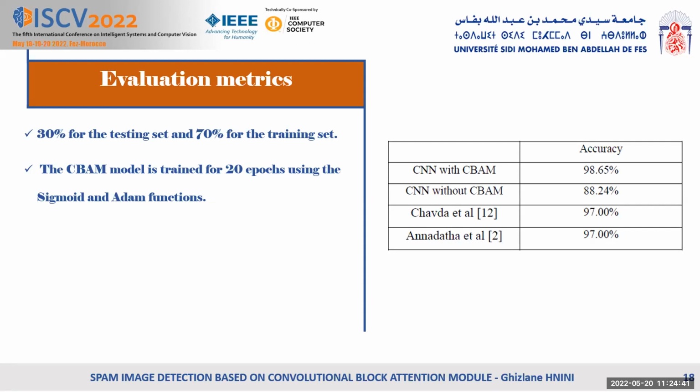The results obtained in this paper using the SEBA model are compared to the existing methods. The model proposed by Shavda et al. achieved an accuracy of 97%, as well as Anadata's work, which attained an accuracy of 97%.